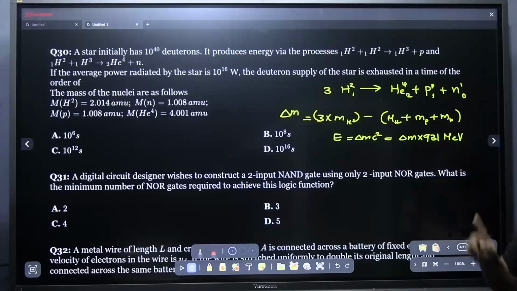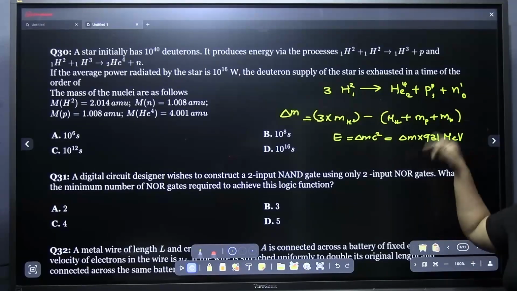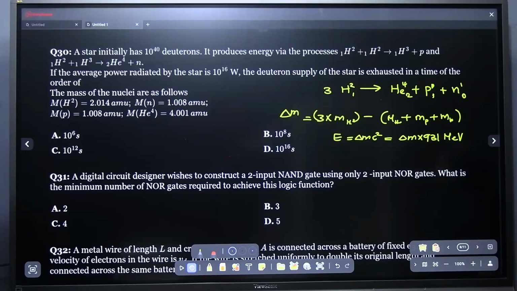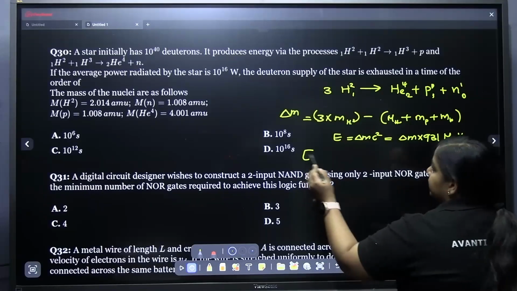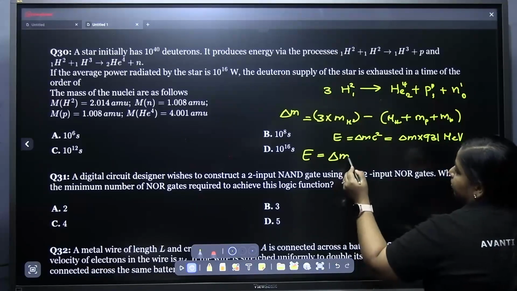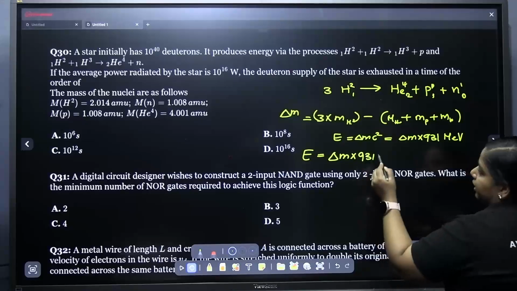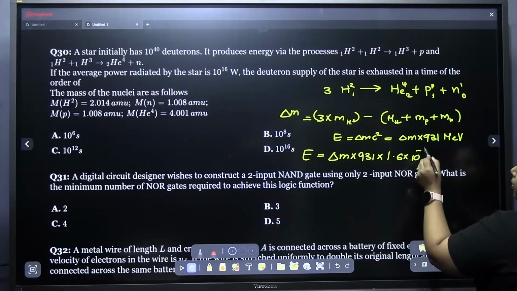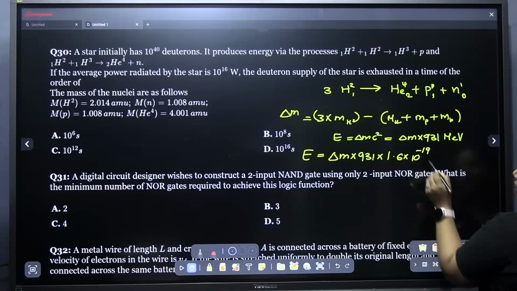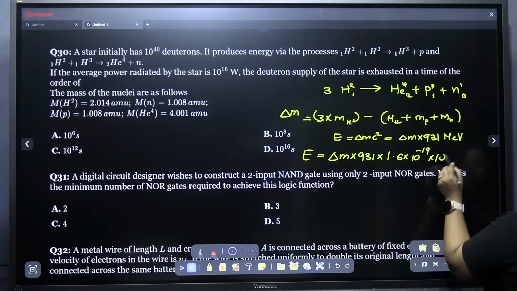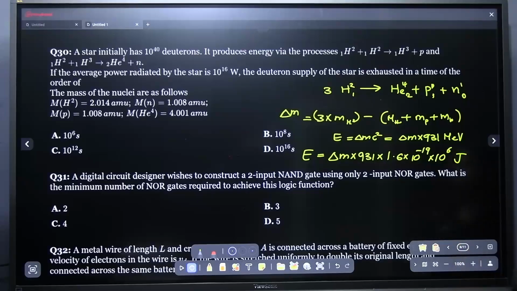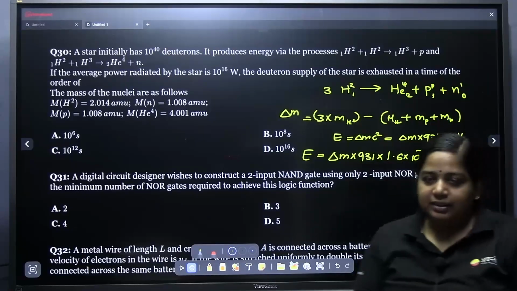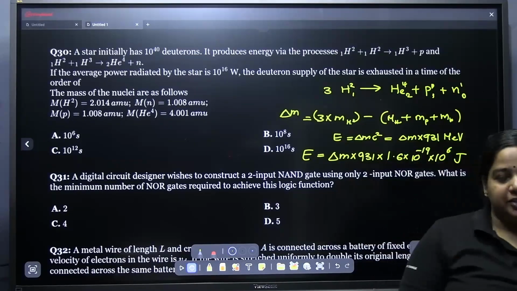You can get this value, but this is in electron volt, we have to convert it to joule. So energy is equal to delta m into 931 into 1.6 into 10 to the power minus 19 into 10 to the power 6 joules. Okay, this way you will get the energy per reaction.